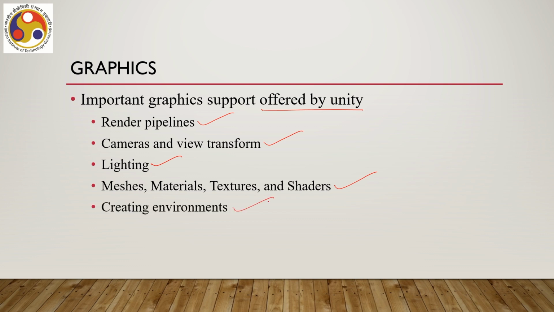Creating environment, that is world scene, world coordinate system scene creation, special environments like sky and different visual effects that you can implement on your system. So, it is not that Unity only provides support for the pipeline, but it also lets the user have customized control on individual stages of the pipeline.